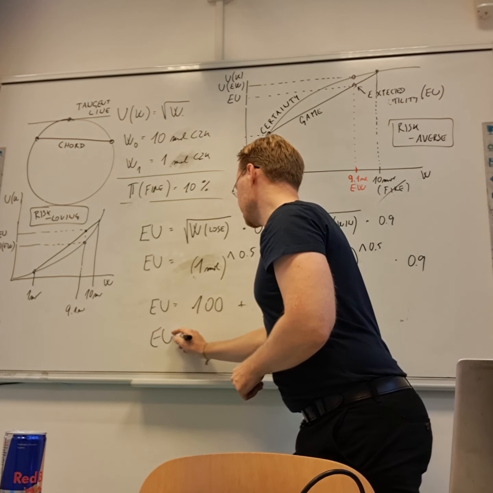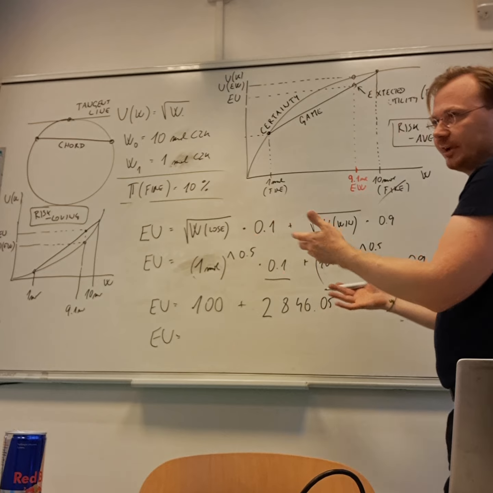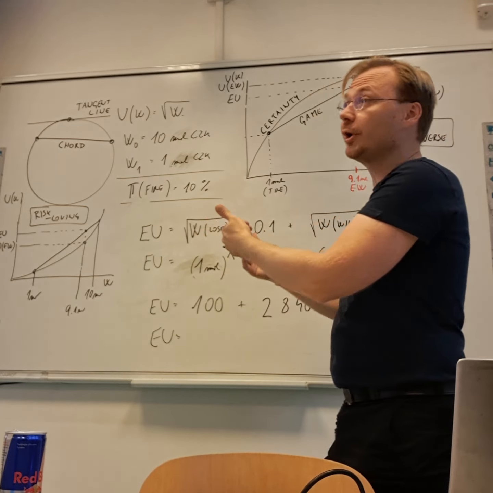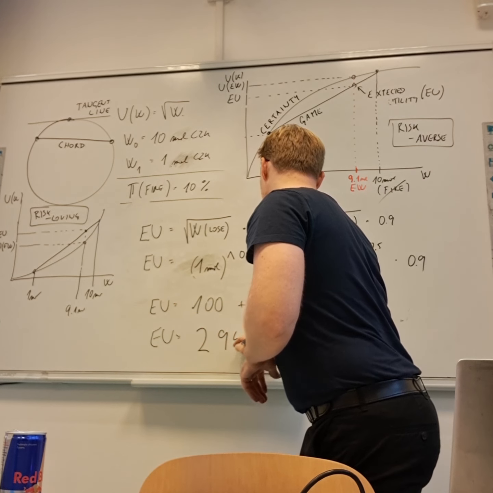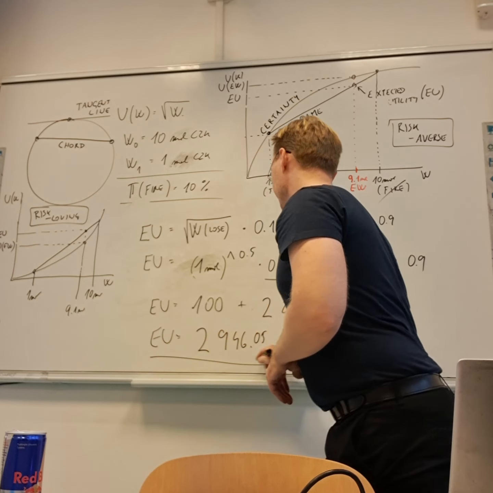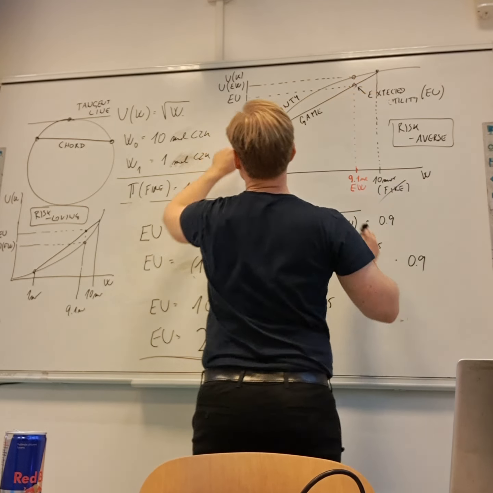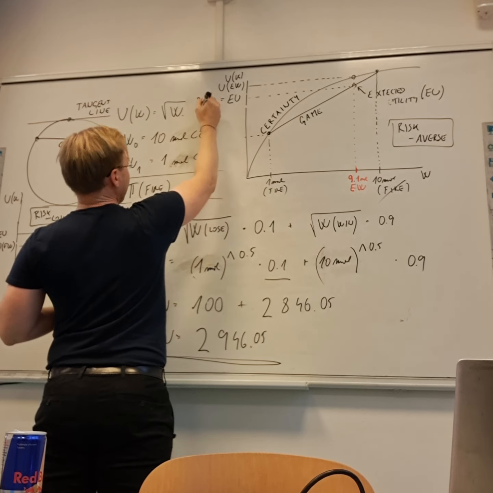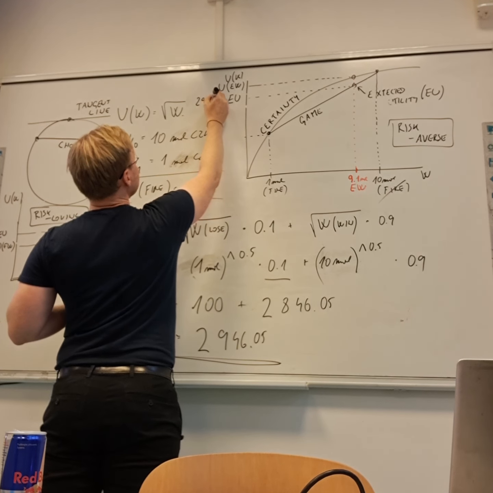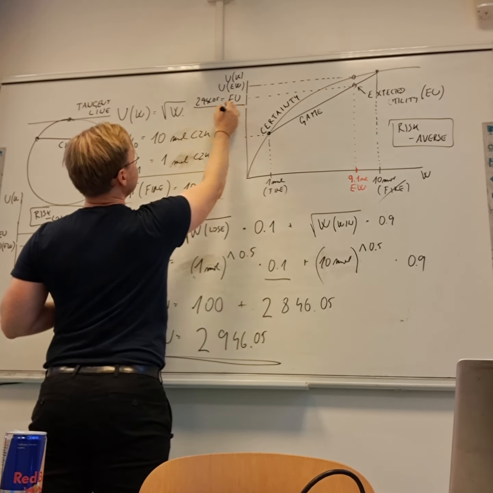Okay, so the expected utility, the number doesn't tell us anything actually. It's a subjective number which we can only compare to some other number. So this number, 2,946.05, is the one. And we can compare it. How much is the utility of the 9.1 million?